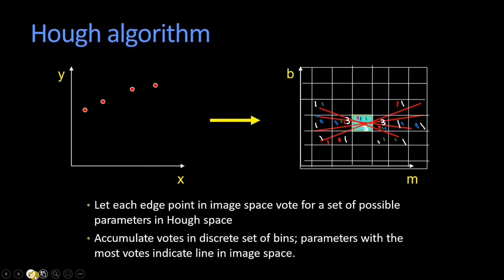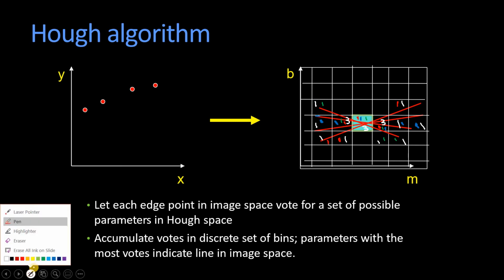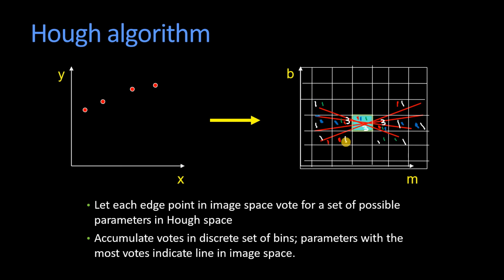Here I have got 3 cells which have similar voting, but practically, when you do this effectively for all the pixels at a practical level, lots of lines will be passing through one of them, and one such cell will get a considerably bigger number of votes as compared to other cells. Okay, so in this case it is this cell over here. This cell will get much bigger votes than all of its surroundings.